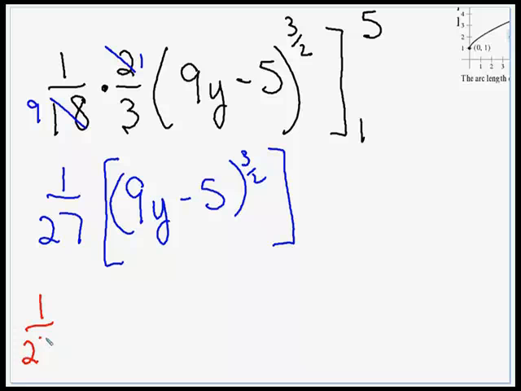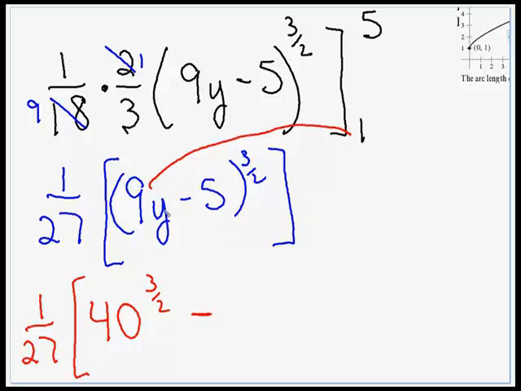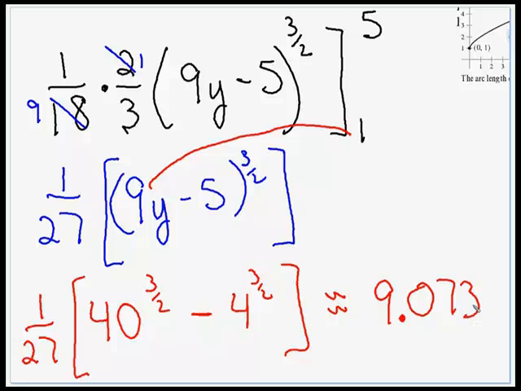So 1/27th, plug in the upper limit 5. 9 times 5 is 45, minus 5 is 40 to the 3/2 power. Minus, plug in the lower limit of 1. 9 times 1 is 9, minus 5 is 4, 4 to the 3/2 power. And close the bracket. Plug that into the calculator, and we get approximately 9.073.